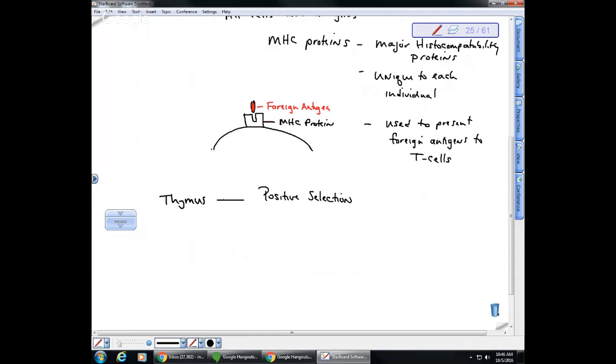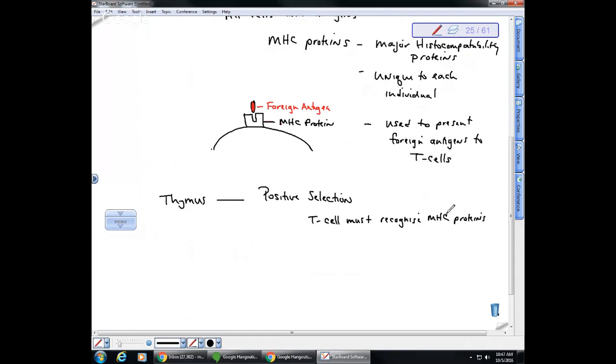We have positive selection. This is where the T cell must recognize MHC proteins.